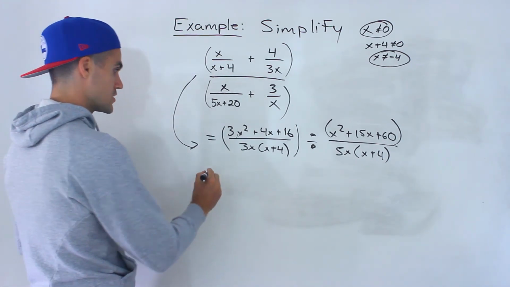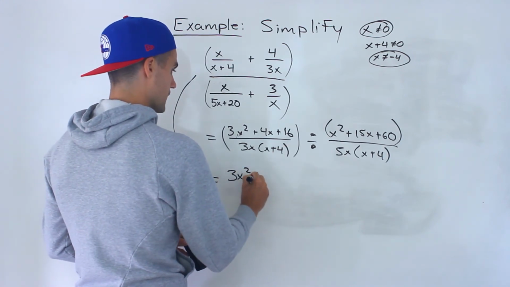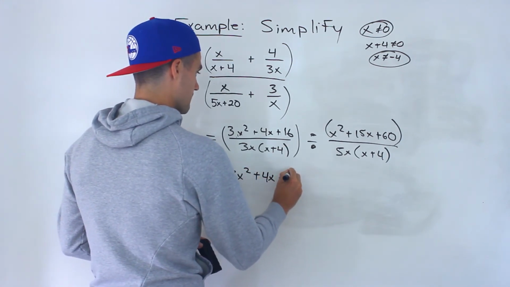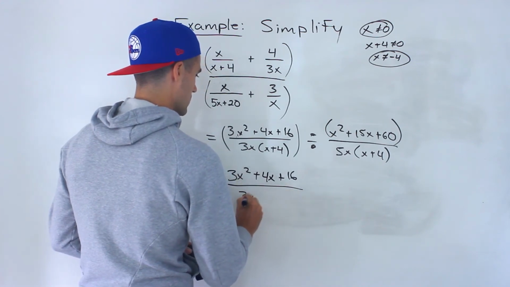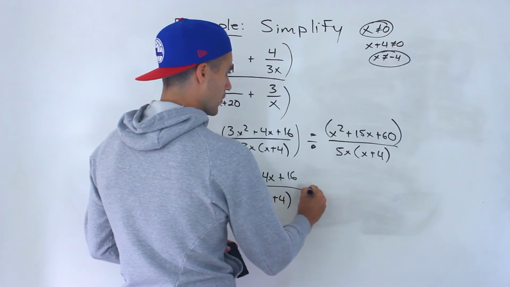And then from here we just simplify. So because we're dividing, what we do is we flip this and multiply.